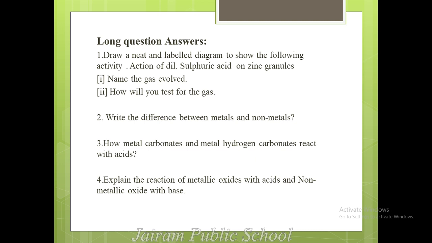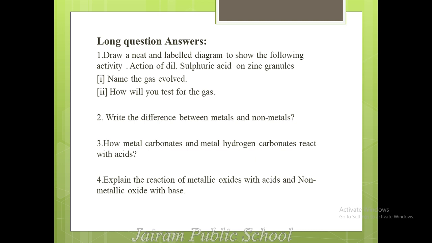For test tube A you have to write the equation separately, and for test tube B separately. In test tube A we take sodium carbonate plus hydrochloric acid. The products obtained will be the salt sodium chloride plus water plus carbon dioxide gas coming outside.